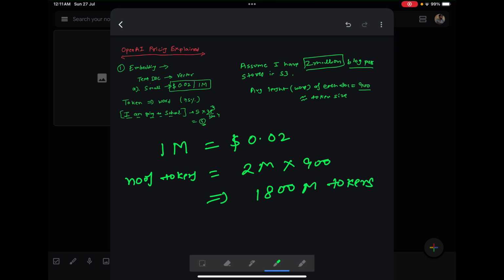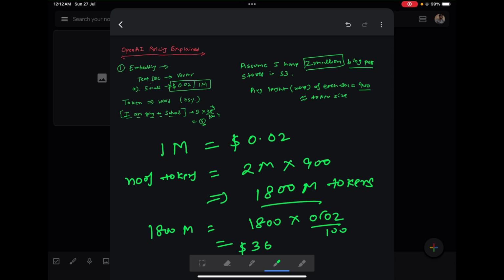So we are looking at this many tokens, and we see 1 million gives me this cost. Then how much will 1800 million give me? It will be 1800 multiplied by 0.02, right? And if we do this calculation by doing simple math, it would turn out to be $36.